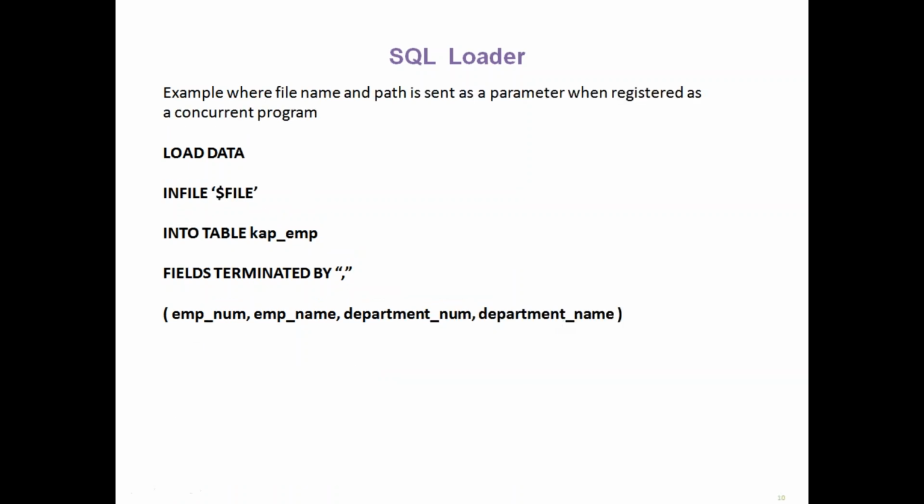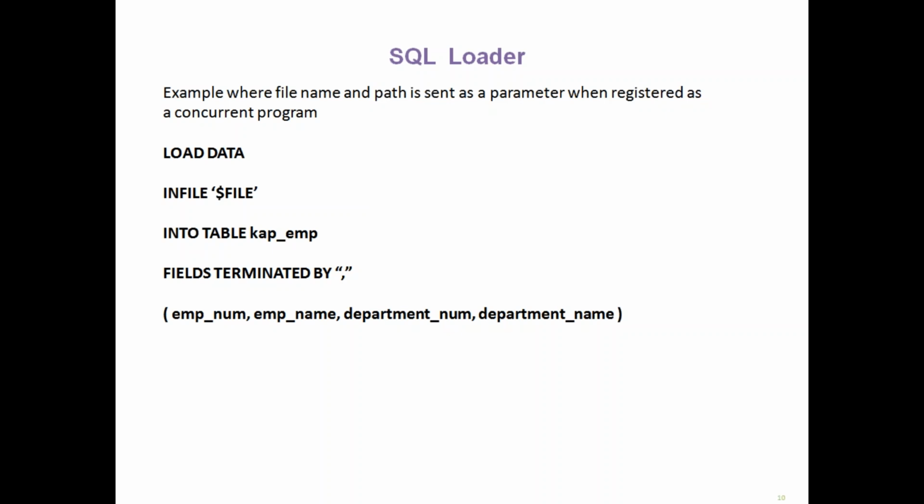So here, if you mention dollar file, what happens is that when you register a concurrent program, you also need to mention a parameter, and to that parameter you pass your file name. Because let us say you hardcode the file name, what will happen?